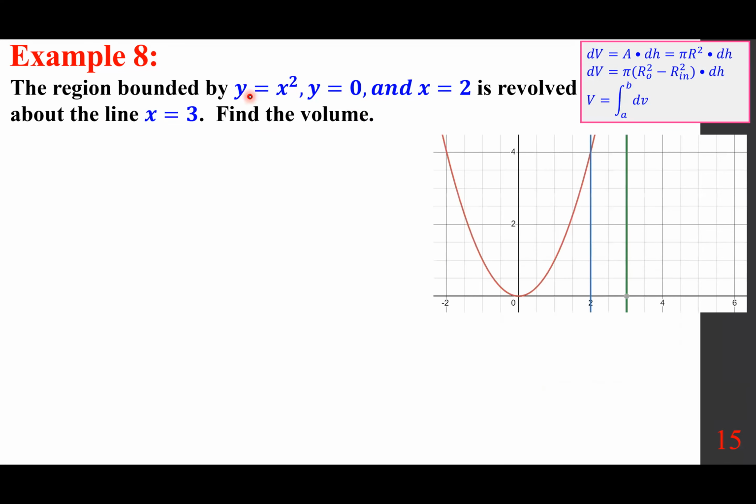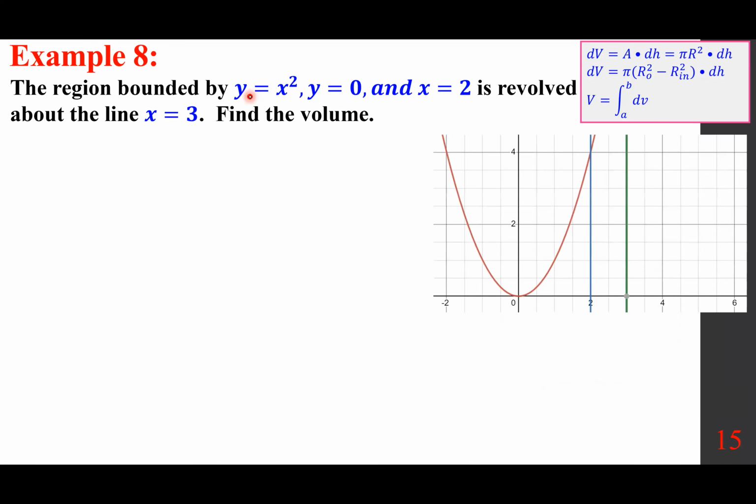This is known as R in. As you know, this distance is fixed at 1. So R in is 3 minus 2, or 1. This is 3. This is 2. That's why we have this distance of 1.